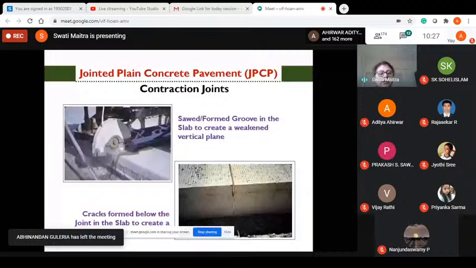Another thing I would like to tell: in case of aggregate interlocking, there are no dowel bars, but the main parameter responsible for aggregate interlocking is joint width. The width should be very small, maybe 0.1 mm to a maximum of 0.5 mm. Joint width is the most important parameter for the aggregate interlocking load transfer mechanism.